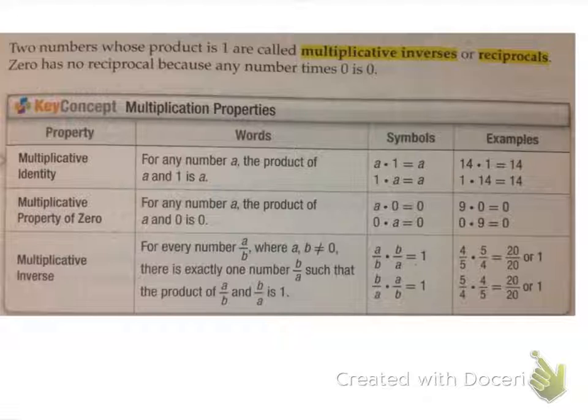So if A over B is your number, you multiply by B over A, the B's cancel, the A's cancel, you get 1 over 1, which is 1. That's what happens. No matter what, it should always happen.